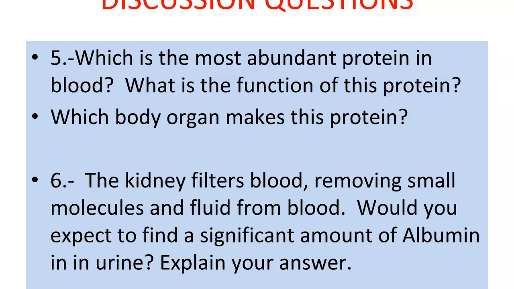And when kidneys filter blood, they remove small molecules. Would you expect to find a significant amount of albumin, which is a large molecule, in urine? Under normal conditions, you shouldn't, because albumin is too large to be filtered out of blood.